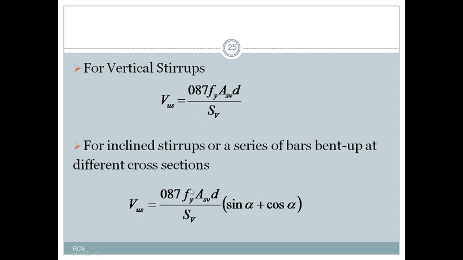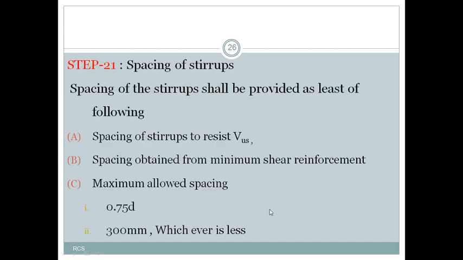For inclined bars, you can calculate spacing like this: 0.87 fy Asv d by VUS, Sv value will be here, and alpha is 45 degrees, that is the inclination of the stirrup. From that we can calculate the spacing. Now how much spacing should be provided for the calculated stirrups?